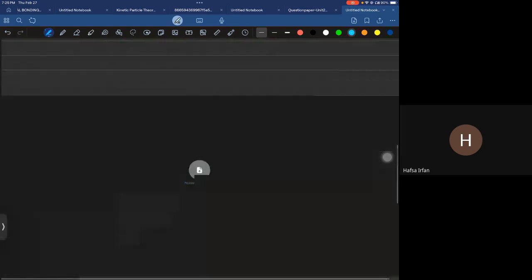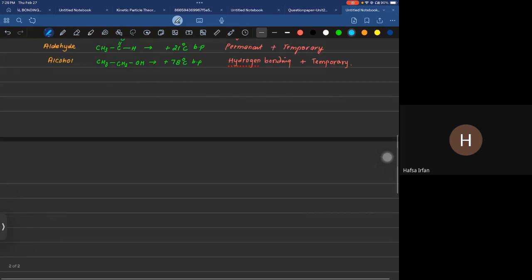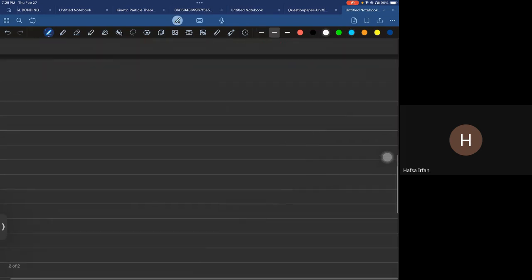And the next property is solubility in water.